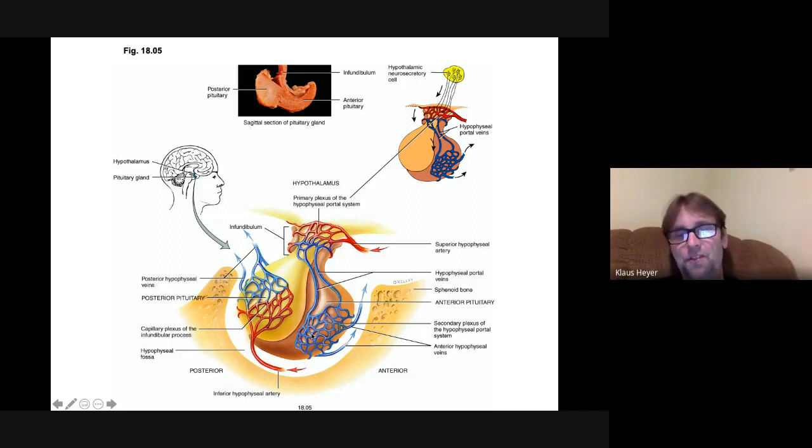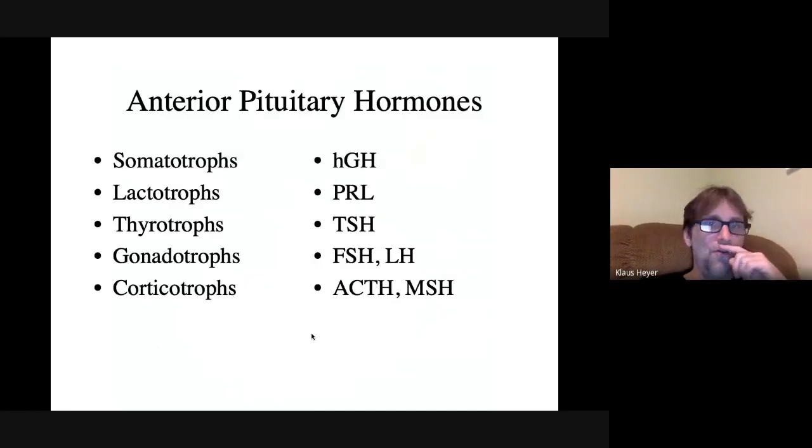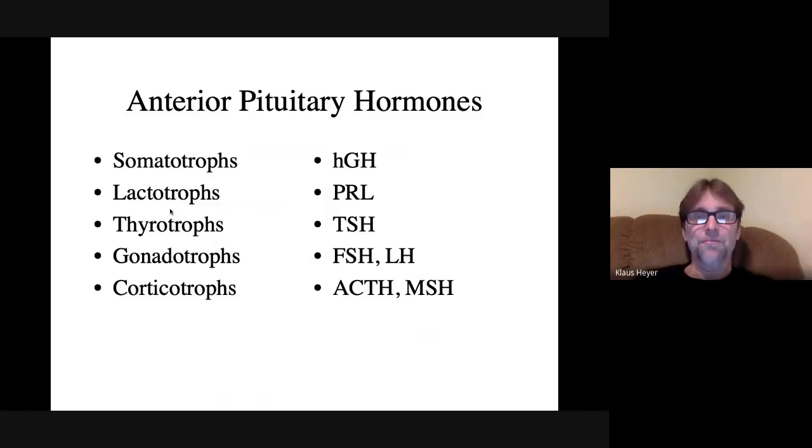But anyway, let's talk about the different types of hormones. These are the 7 hormones that this anterior part of the pituitary makes. What you see on the left side are the cells that make them. When you look at the anterior pituitary gland, there are 5 different types of cells.